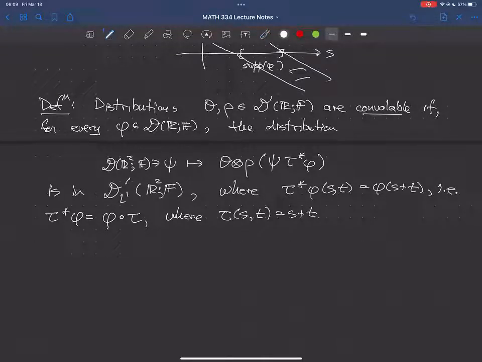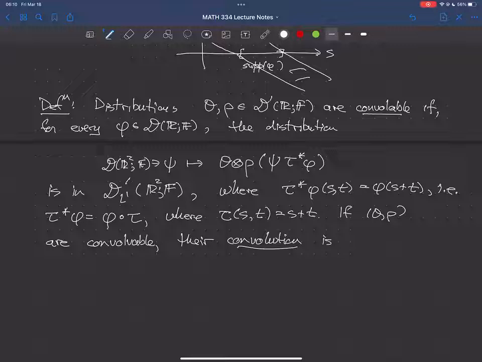Then what's the convolution? If theta and rho are a convolvable pair, their convolution is obtained in the following way.